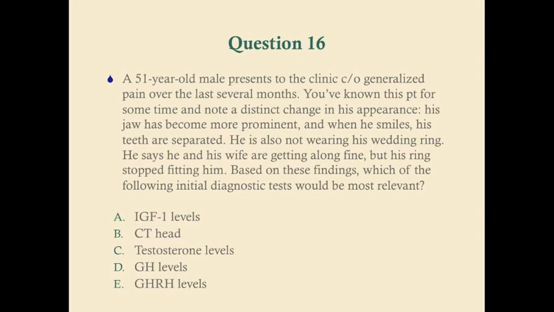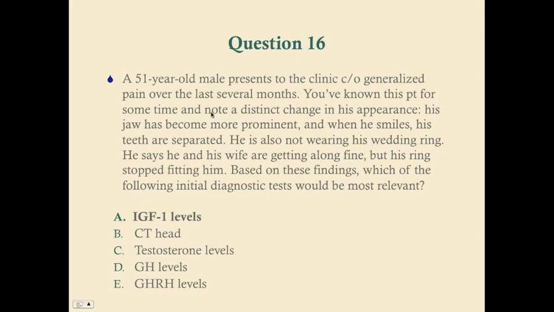All right, so this is a patient who has acromegaly. So we want to get IGF-1 levels on this patient. IGF-1 levels are the first test you're going to get when you suspect acromegaly. Why do we think this patient has acromegaly?